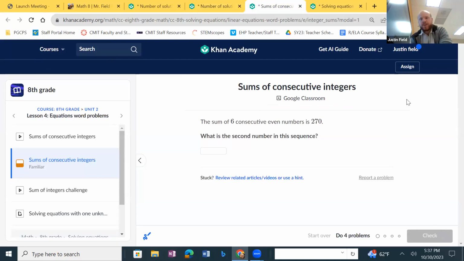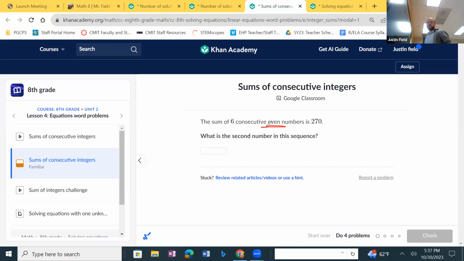Are you ready? All right, sum of consecutive integers. There's two kinds: the sum of consecutive integers and the sum of consecutive odd or even integers. We're going to do both of them to get you ready. The sum of 6 consecutive even integers.